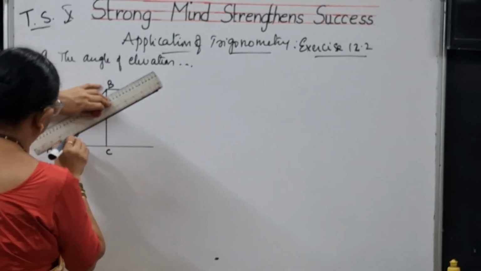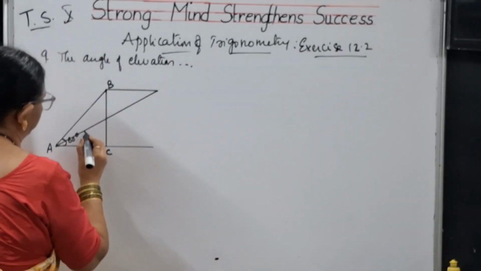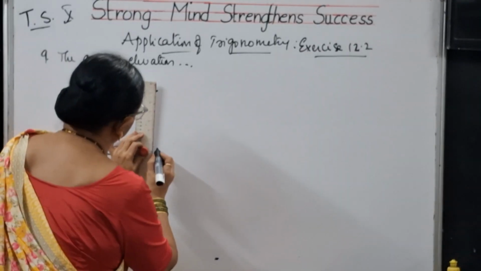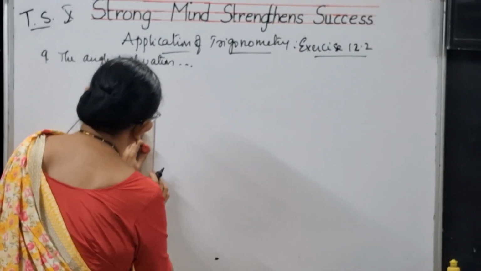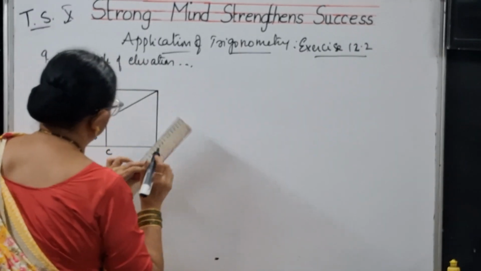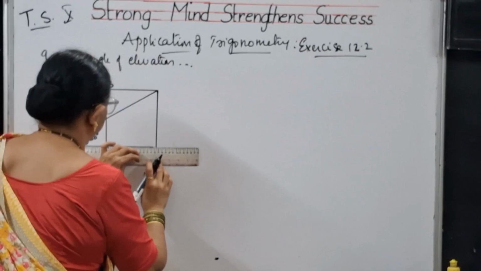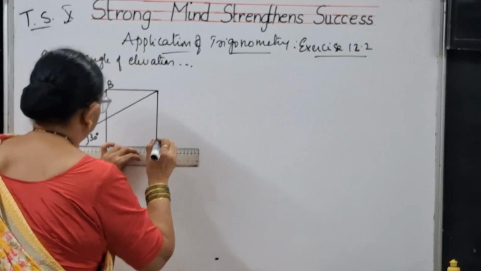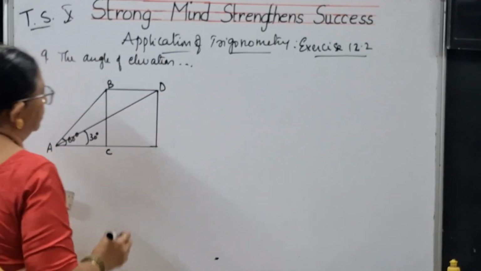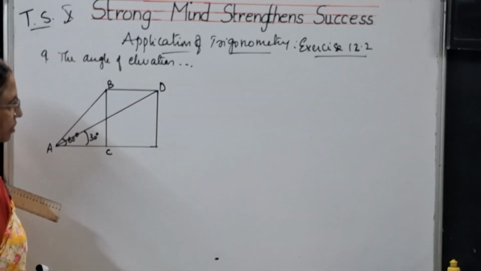The angle of elevation changed to 30 degrees. Now the flight is at this point, say D. This is the second position.